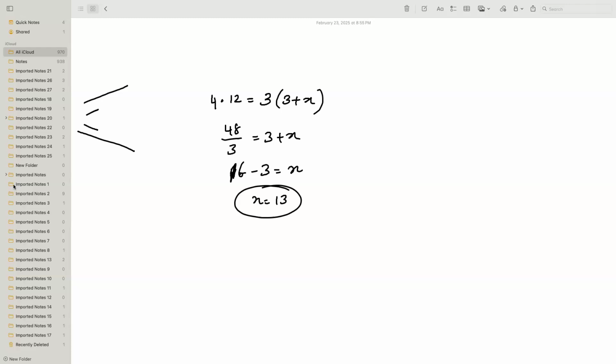Oh, sorry, my bad. 48 divided by 3 equal to 3 plus x. 48 minus 9 is 39 equal to 3x. X equal to 13. That was my mistake, actually.